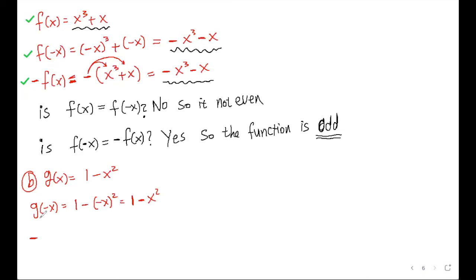And we have to do the third one, which is minus times g of x. This means minus times the original one, 1 minus x squared. They distribute the minus inside the parentheses, and that gives me minus 1 plus x squared, since minus times minus is positive.